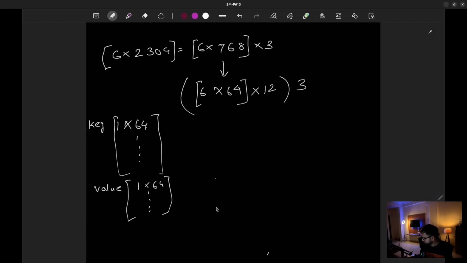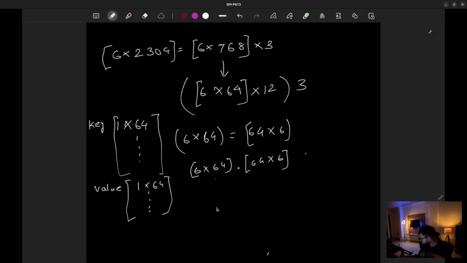So if we transpose this 6 into 64, then we will get 64 into 6, right? So this matrix we need to do a dot product. The value is 6 into 64, which will get a dot product with 64 into 6, and we will get a matrix of 6 into 6.